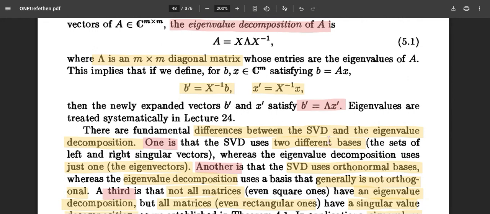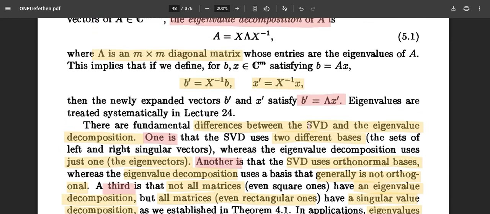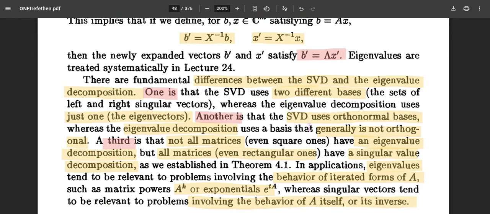Although a similar diagonalization happens in the SVD and the eigenvalue decomposition, there are some fundamental differences between them. The first is that in the SVD the range and the domain are expressed in two different bases, left singular vectors and right singular vectors, but in the eigenvalue decomposition the same basis, represented by the eigenvectors, is used. Another is that the left and right singular vectors are orthonormal bases for the range and domain, but the eigenvalue decomposition does not necessarily give you orthonormal matrices.